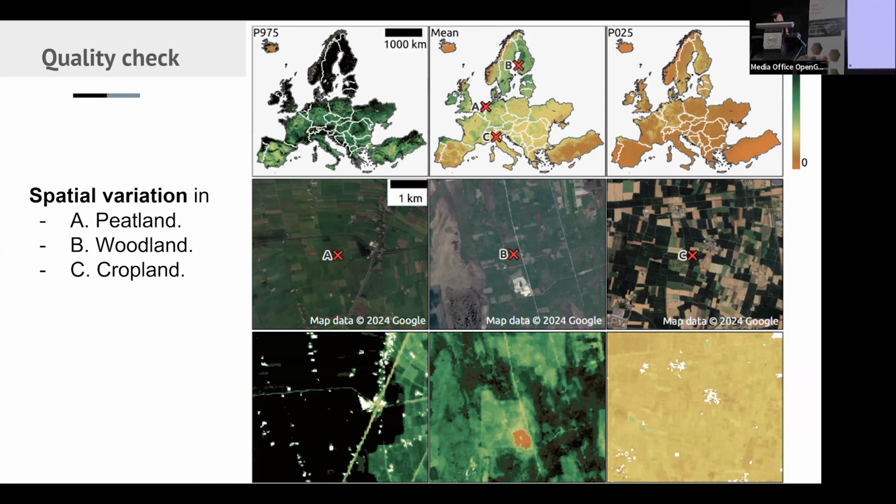And the pattern kind of makes sense. If we zoom into 3 points, A, B, and C, they're from peatland, woodland, and cropland. You can see that peatland has the highest soil carbon density, which is not very surprising. And that's the spatial variation.